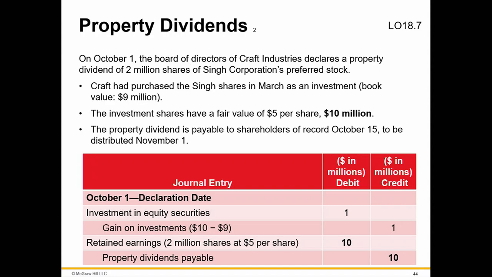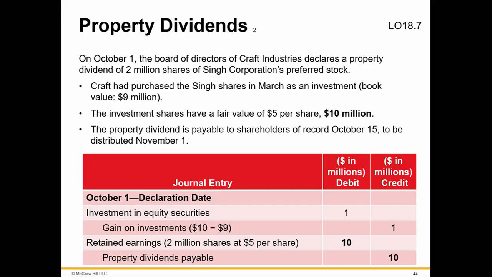So now they have a fair value of $10 million. So you've got to increase the value from 9 to 10. That's a $1 million difference. So this combines what we learned from chapter 12. In order to increase the fair value of the shares to their current market value, we've got to debit investment in equity securities for $1 million, credit gain on investment for $1 million.